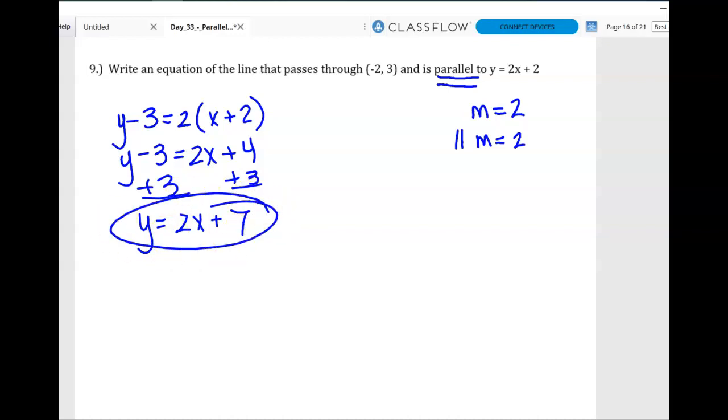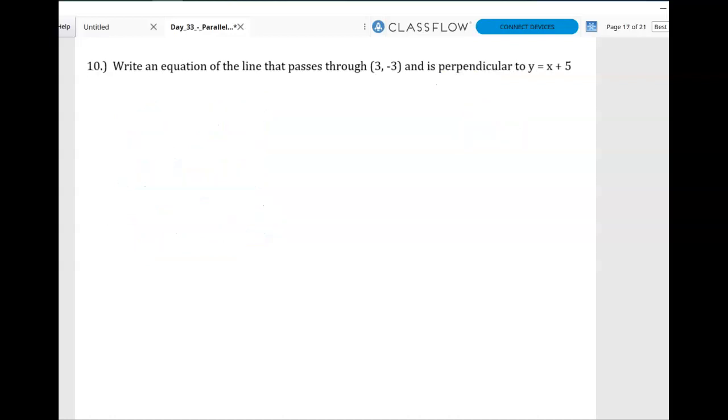All right, number 10, write an equation of a line that passes through this point and is perpendicular. So my slope here is 1. When I take 1 over 1 and get the reciprocal, I end up with 1 over 1 again. So my perpendicular slope, since it's the opposite, would be -1.